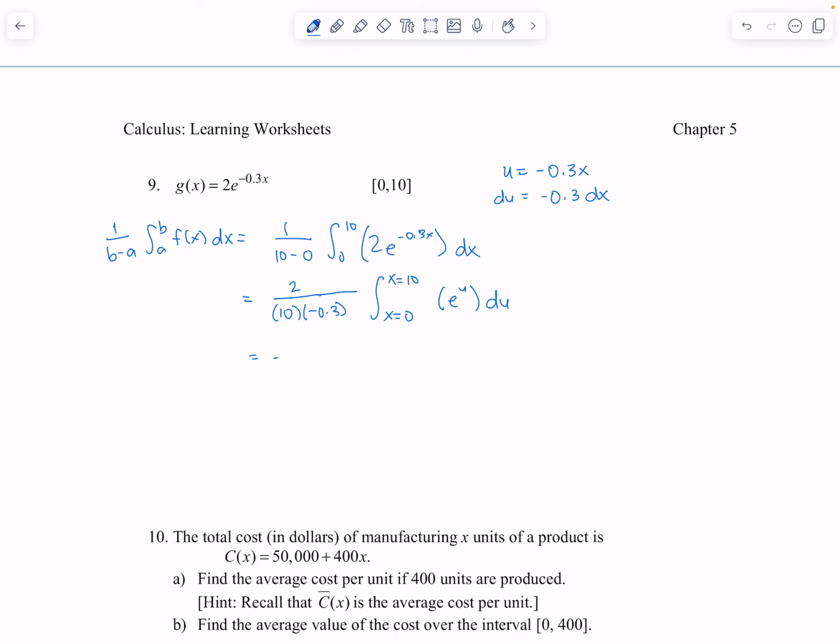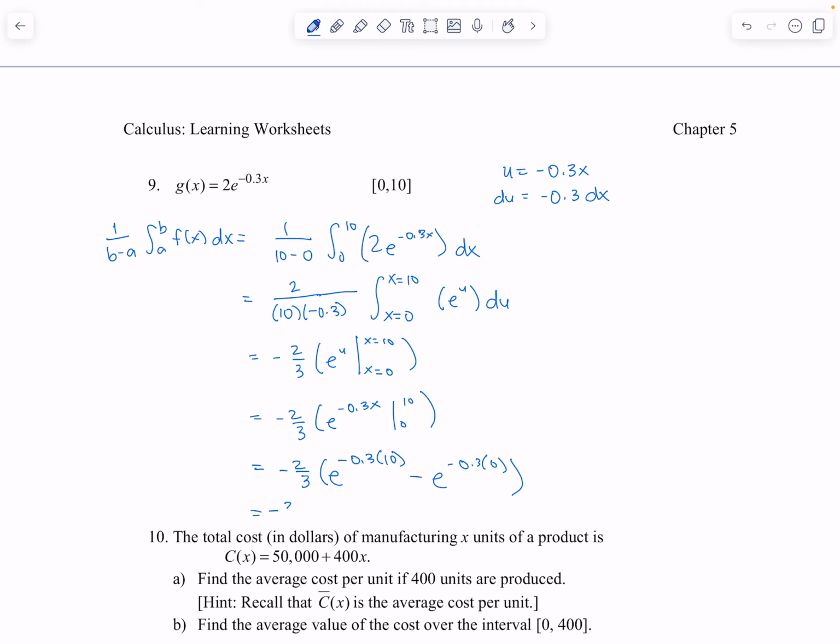This will give us the antiderivative of negative 2 over 3 times e to the u, evaluated from x equals 0 to x equals 10. Putting our x back in, negative 2/3 times e to the negative 0.3x from 0 to 10 would give us negative 2/3 times e to the negative 0.3 times 10 minus e to the negative 0.3 times 0.